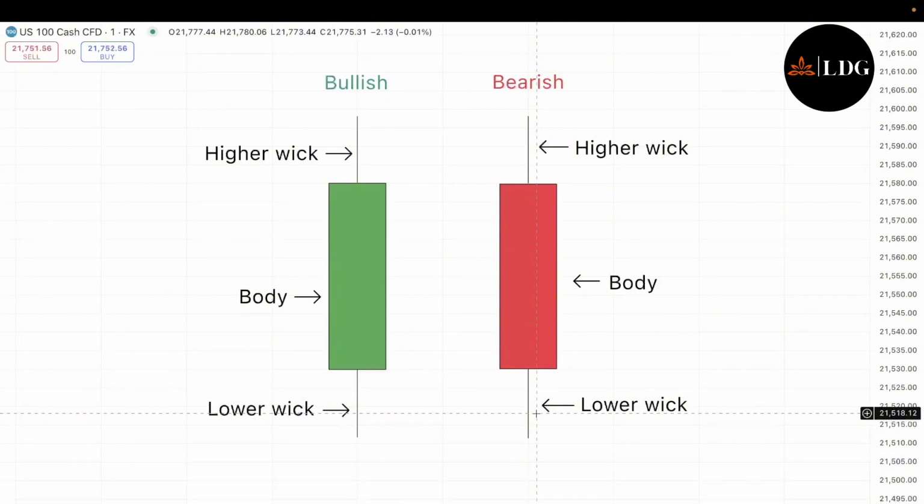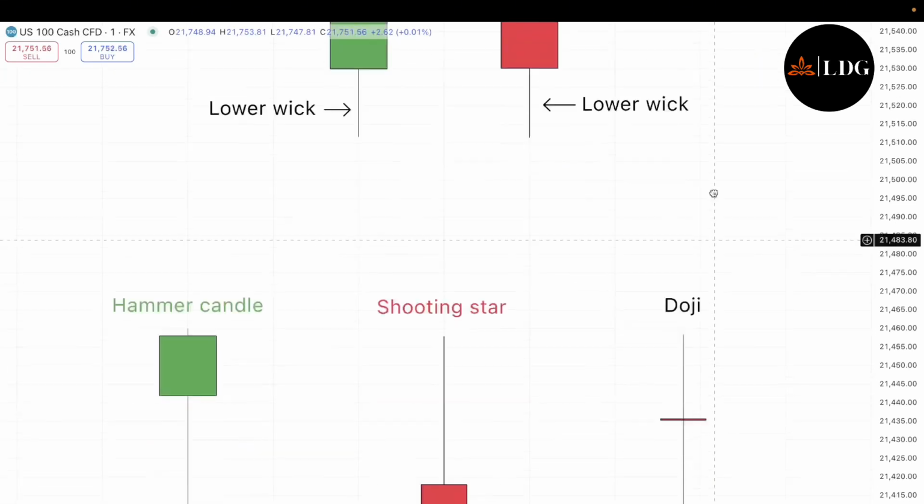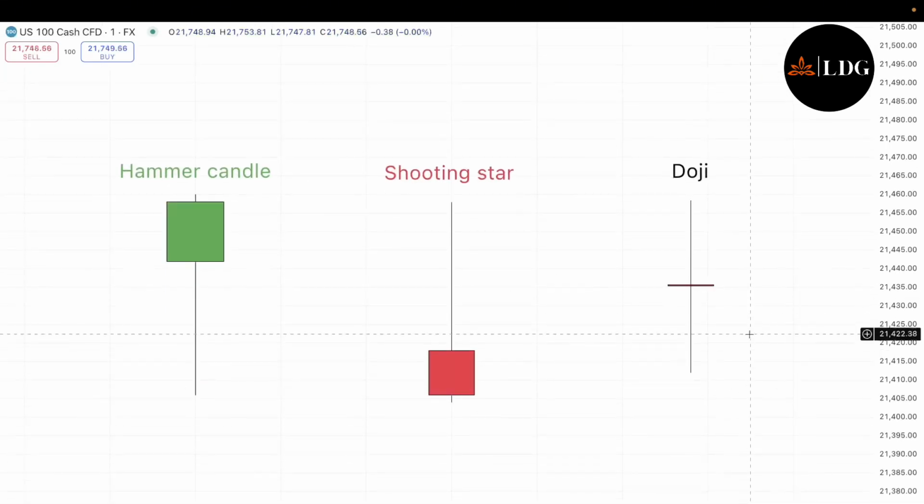So now that we know what the actual candlesticks are, let's have a quick look at some key candlestick patterns that you can use within your chart. Now, the first one is the hammer candle.